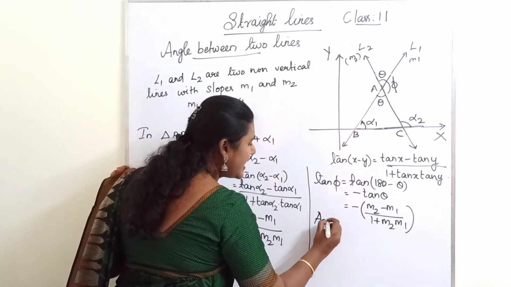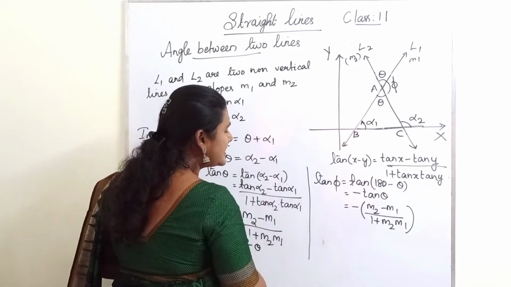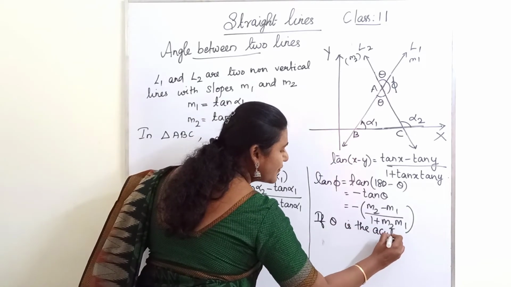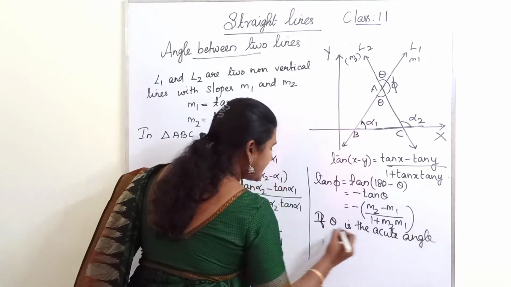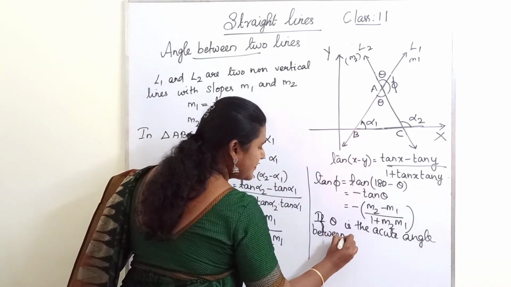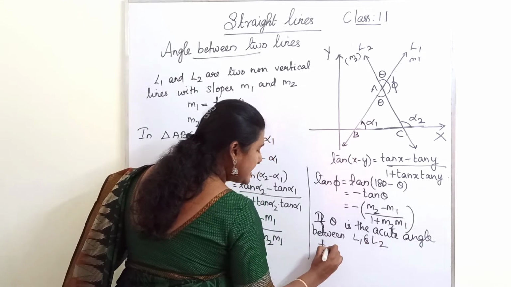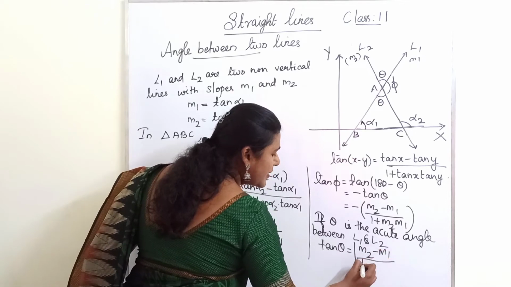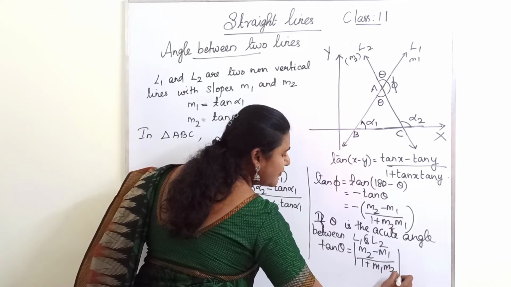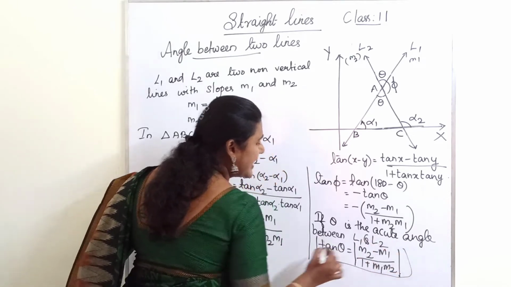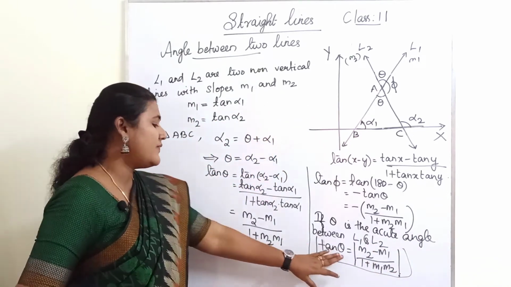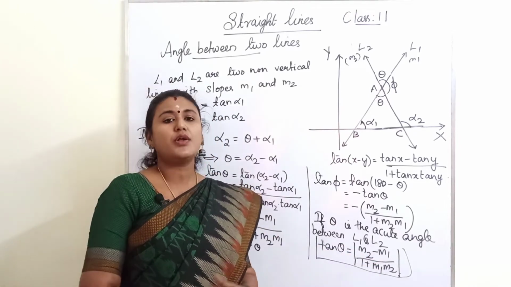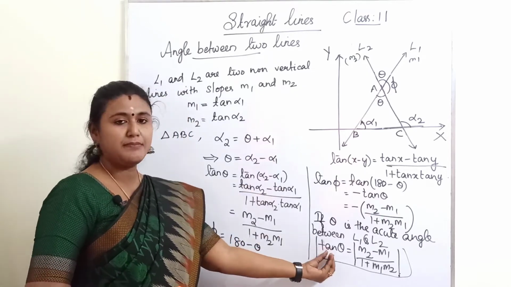So if theta is the acute angle between the lines L1 and L2, then tan theta is equal to the modulus of m2 minus m1 divided by 1 plus m1 m2. This is the formula for finding the angle between the lines. Now we will see an example question based on this formula.